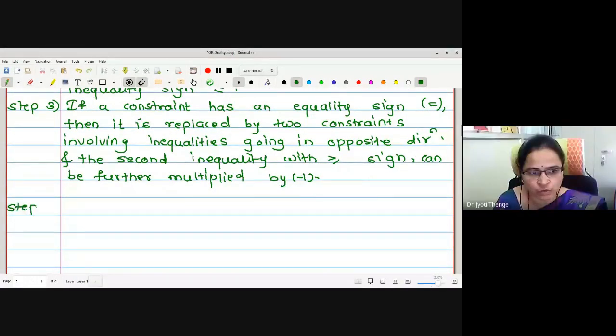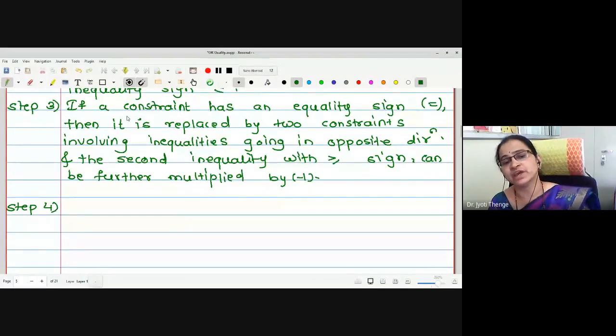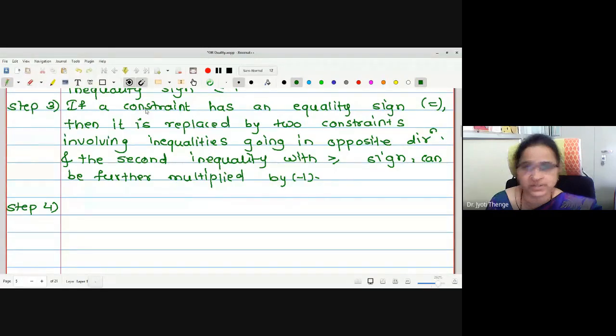Now one more point here we want to cover is unrestricted variable. Actually, whenever an LPP is given, all the variables are given to be non-negative. But suppose if any one of the variables is not restricted, that is not given to be non-negative, then what we should do? While taking the example, we will discuss in detail.